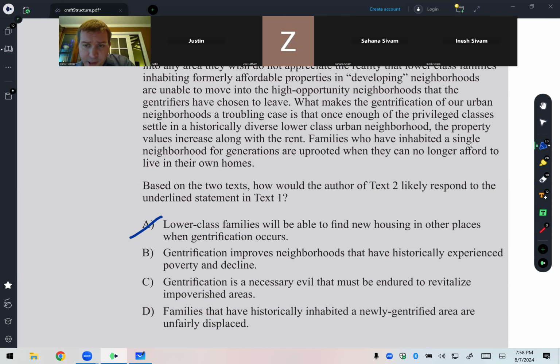Gentrification improves neighborhoods that have historically experienced poverty and decline. Would the author of passage 2 say this? No, that's author 1. Did you notice that? The wrong answer choices are often the other author. We're asked about what author 2 thinks. Author 2 would not agree with that statement. That's what the first author is arguing.